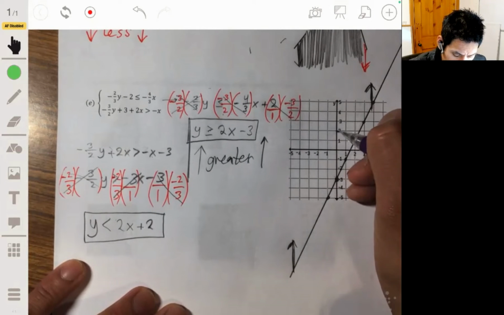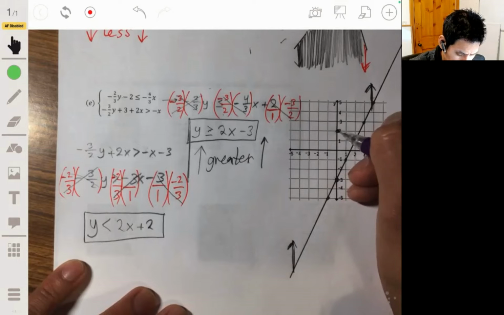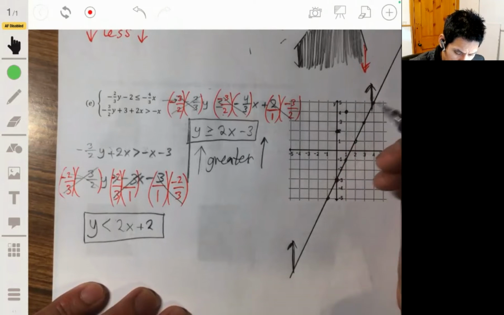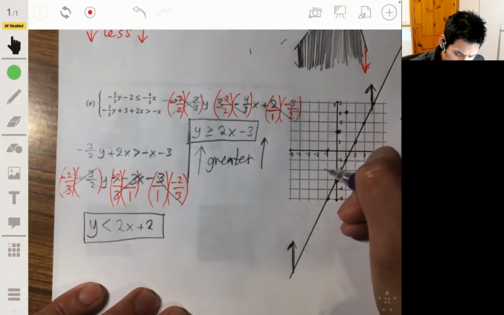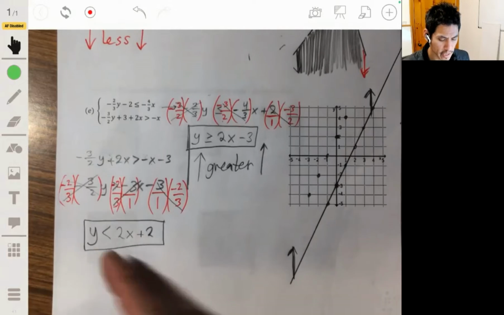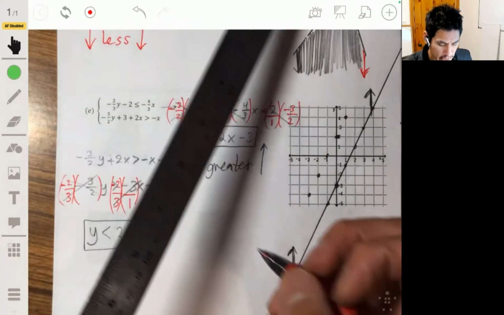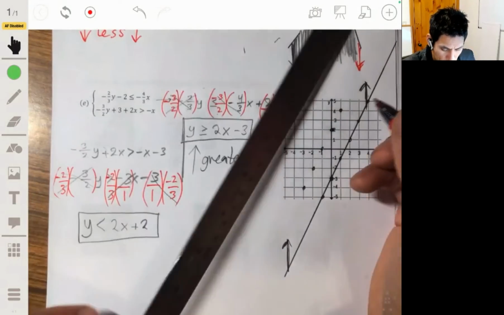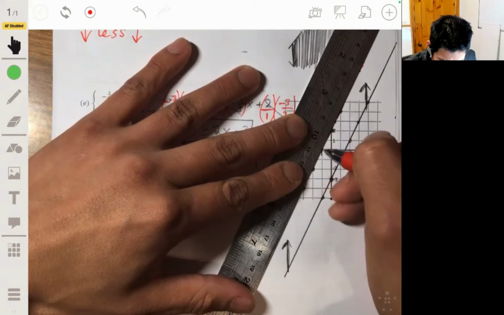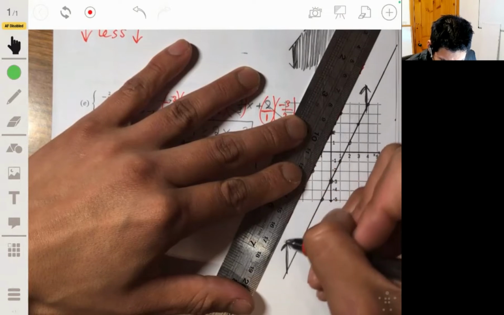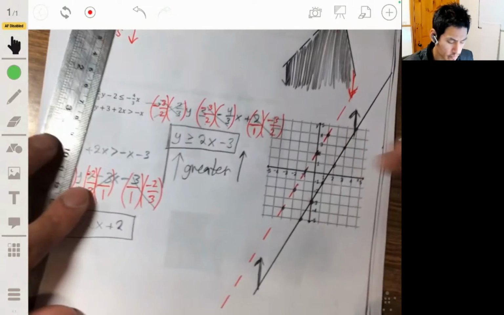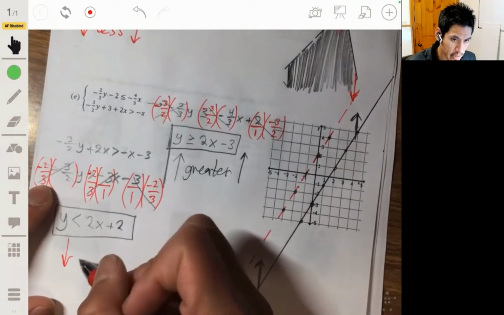So go to 2 on the y-axis. Up 2 to the right 1. Now this is the dashed line, so we're going to leave it dashed. And this says less than.